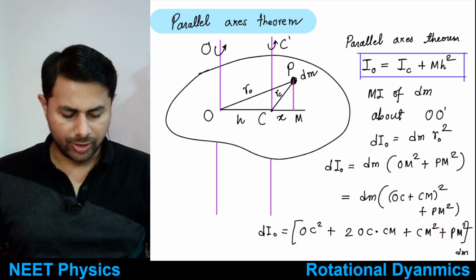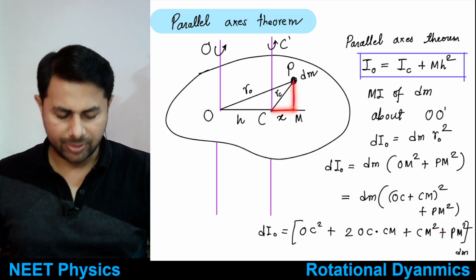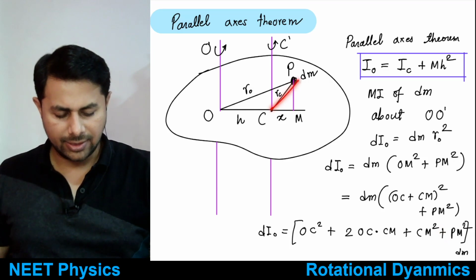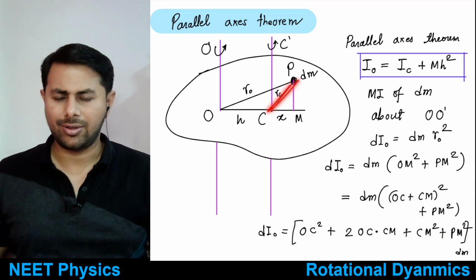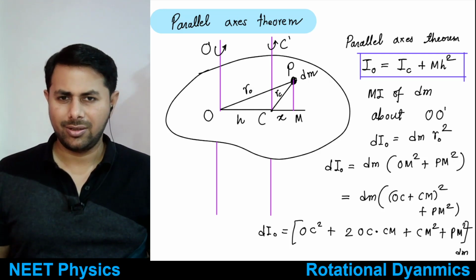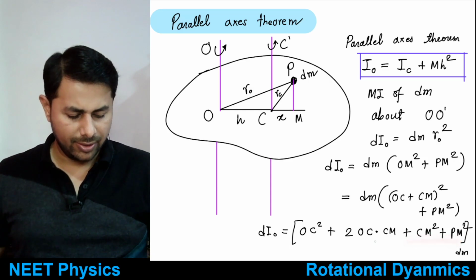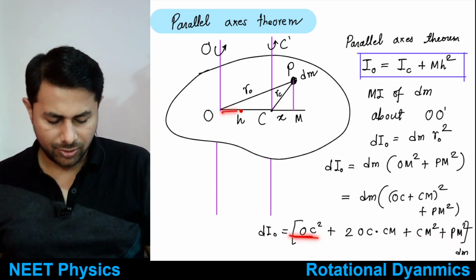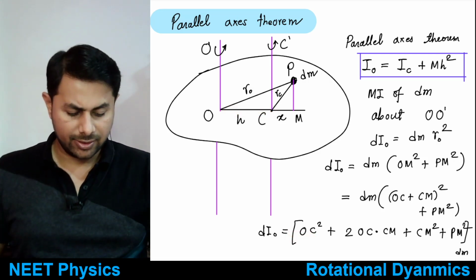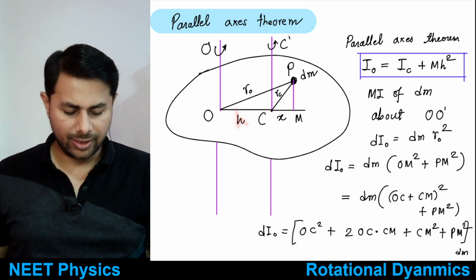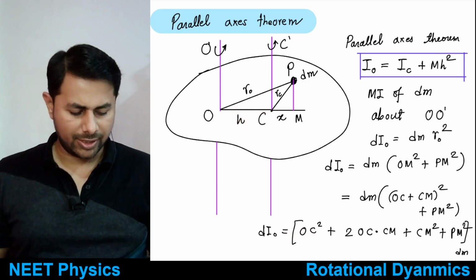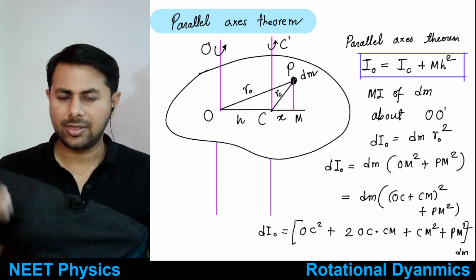So see what you get. CM square plus PM square is what? It is Rc square, or you can say PC square. So this is equal to Rc square. Then what is OC? OC is the distance between these two axes, so that is equal to h. The distance between the two axes is h, so the square of that is h square.